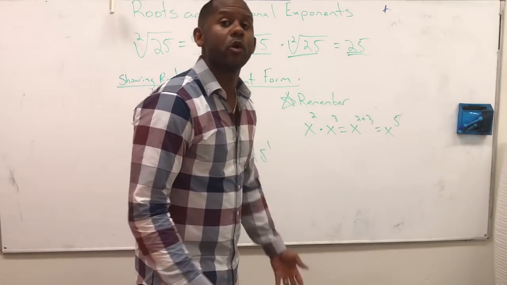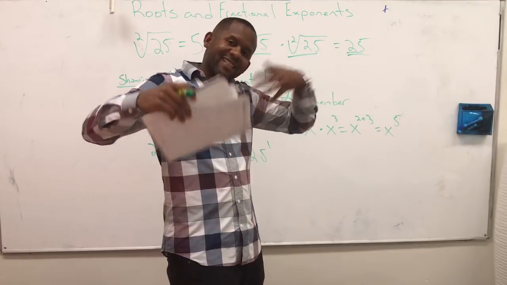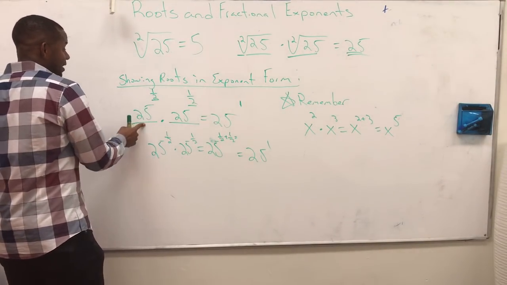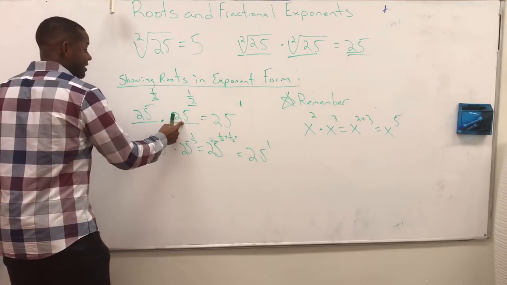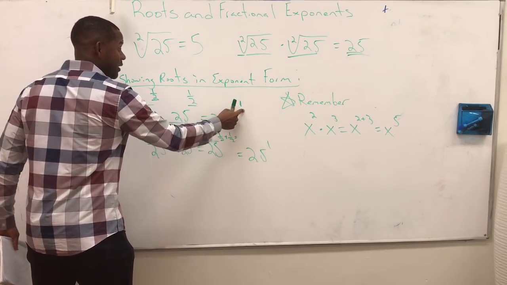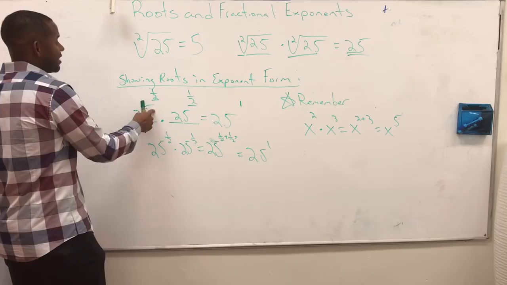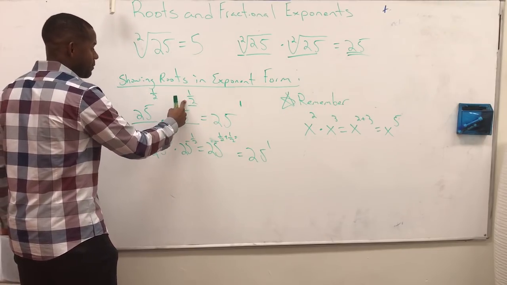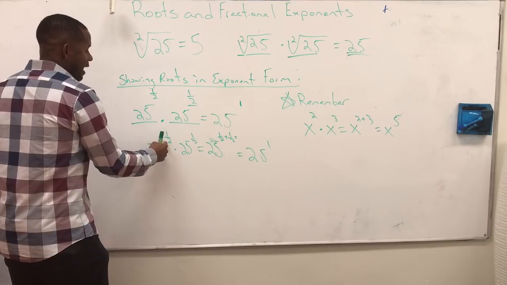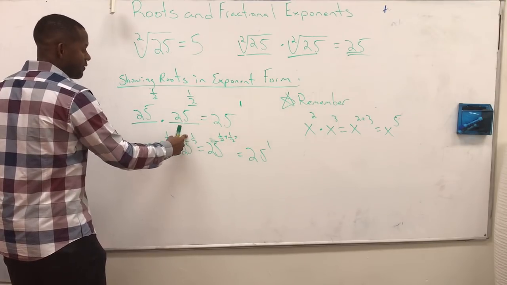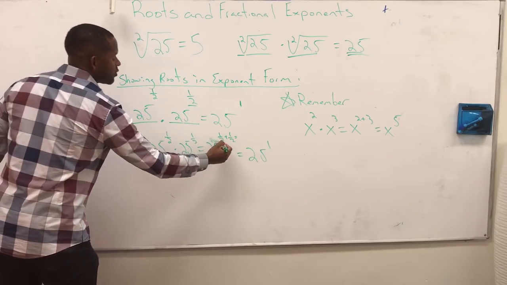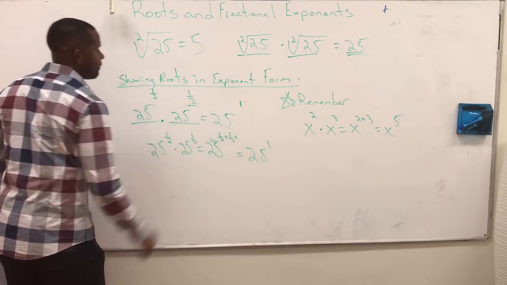Please make sure you're taking a moment to let this sink in and make sense, right? So if I take some number times itself, and I want to get 25, which is 25 to the first, I have to take 25 to the 1/2 power times 25 to the other 1/2 power. Because 25 to the 1/2 times 25 to the 1/2 would actually be the same as 25 to the first, because a half plus a half is 1.